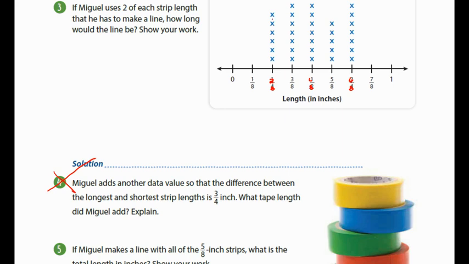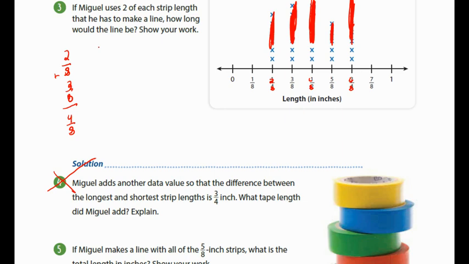All right. So let's go ahead and look at number 3. It says if Miguel has 2 of each of these, how long would it be? So I'm going to go ahead and, again, mark all those off for us. So we would have essentially 2/8 plus 2/8, and that equals 4/8. So our first one is 4/8.